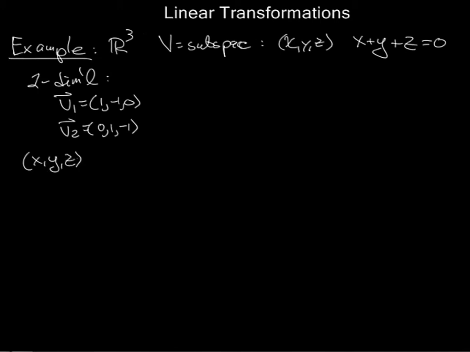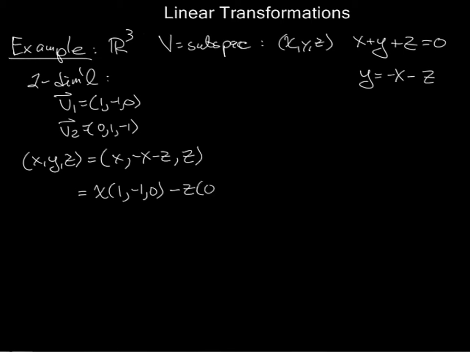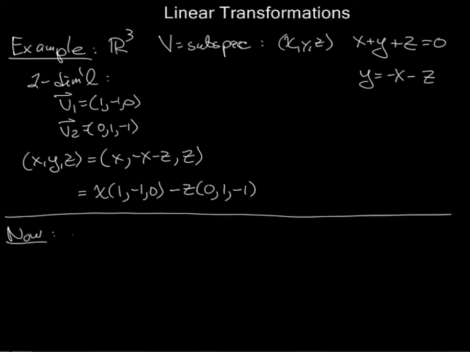And then any vector in this subspace can be written as, well, let's see, y is necessarily minus x minus z. So if you replace y with minus x minus z, we see that this vector can be written as x times the first basis vector minus z times the second. So this is a two-dimensional vector space, and I've chosen a basis for it here.